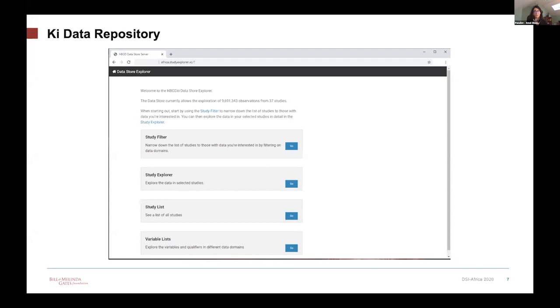In India and Africa, the picture is a little bit different, and we're trying to get grantees and African researchers to work together on building these common data sources. The KI team at the Gates Foundation built this resource, the data store explorer, to allow researchers to find and access data from their region, and also allow grantees to make data available via this platform.